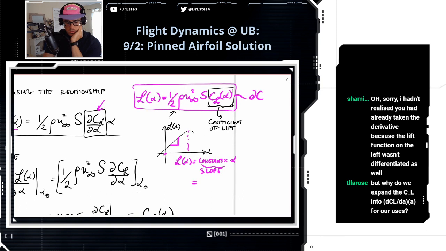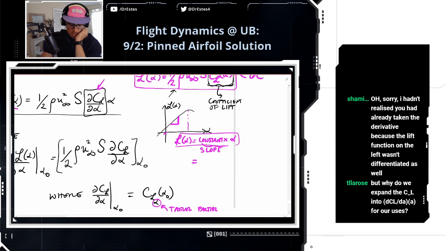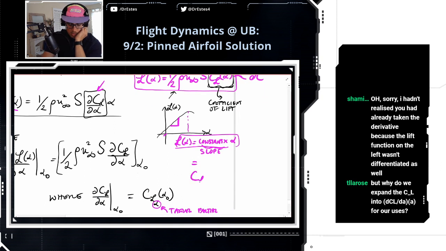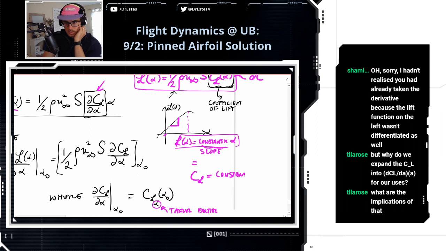This coefficient of lift, just like you could say the lift is some constant times alpha, I'm saying the coefficient of lift is a constant times alpha, but we know the constant is the slope. And so the slope would be the partial of the coefficient of lift with respect to alpha, times alpha.